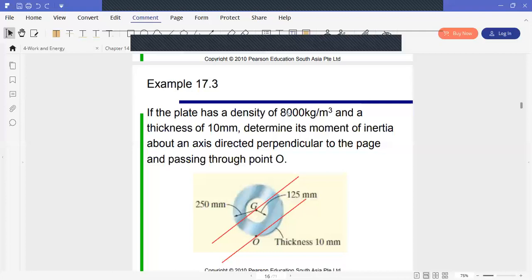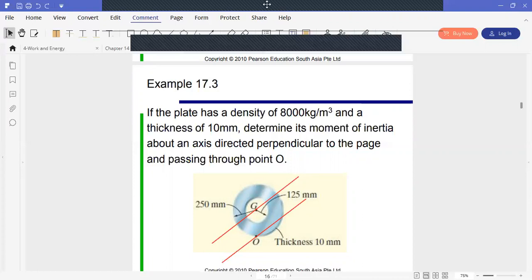Then I multiply by 8,000 to find the mass. Once I find the mass, I multiply by half r square, where r is 0.125, to get the inertia. Now I do the inertia of the big disk minus the inertia of the small disk, and I get the inertia of the whole shape about the center of mass.